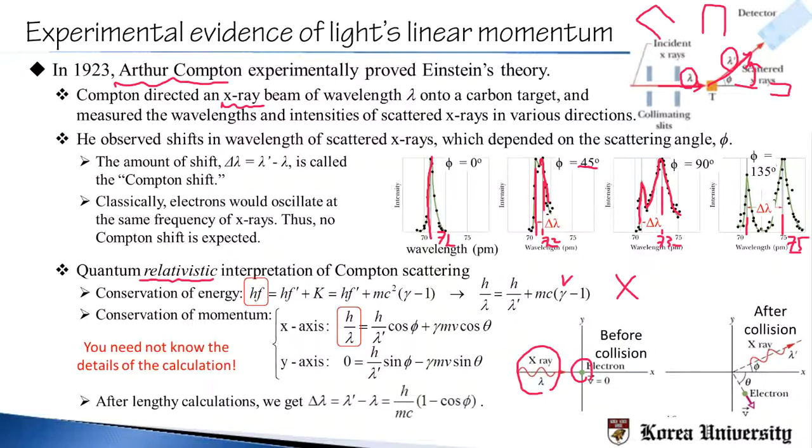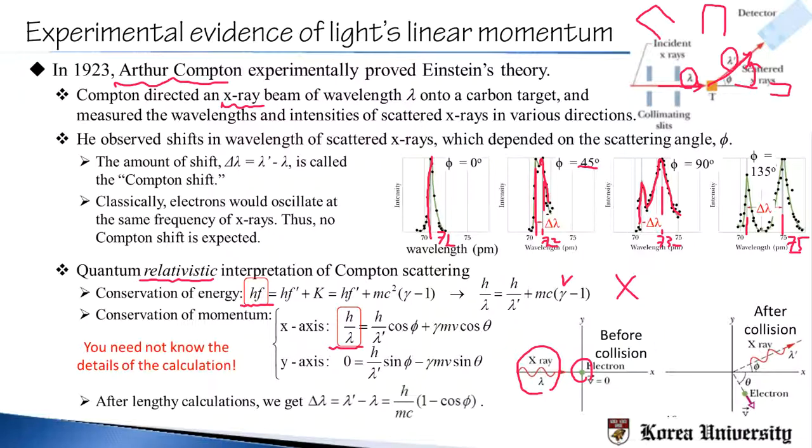And of course, important thing to remember is that for the energy of the X-ray, he used the quantum of the energy suggested by Max Planck, hf, and for the linear momentum, of course, he used the linear momentum suggested by Einstein, which was Planck constant divided by the wavelength.